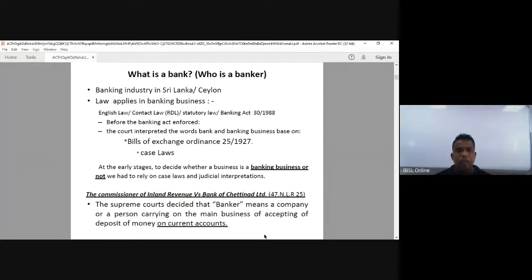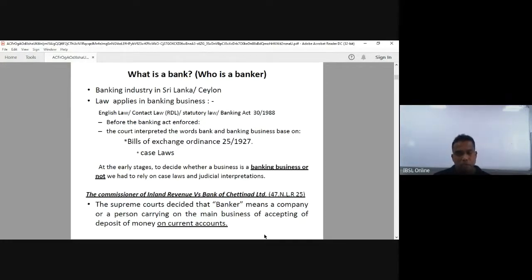Then with the introduction of the banking business to the country, as I told you, we had never had a law to govern the banking business. Then the British people introduced several statutory laws to govern it. With the banking business, several services came, for example, checks and bills of exchange.